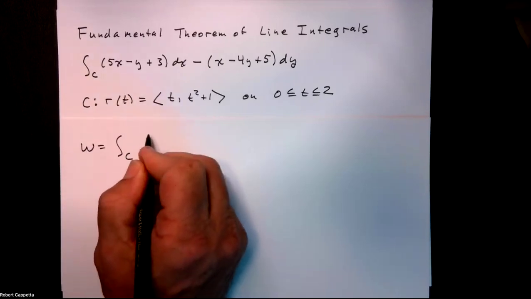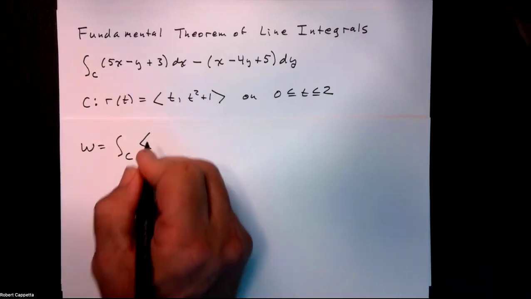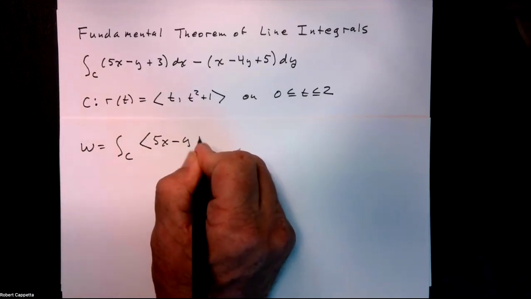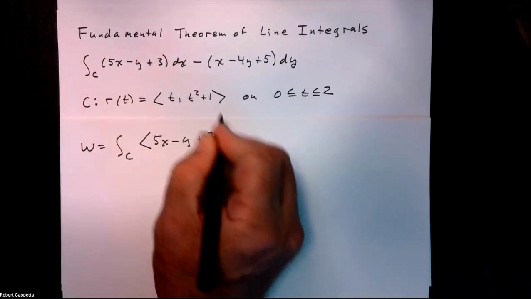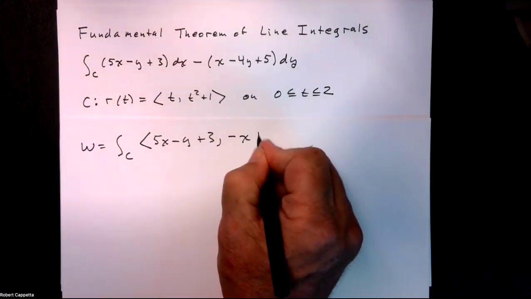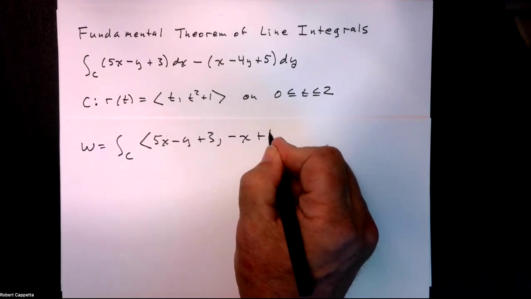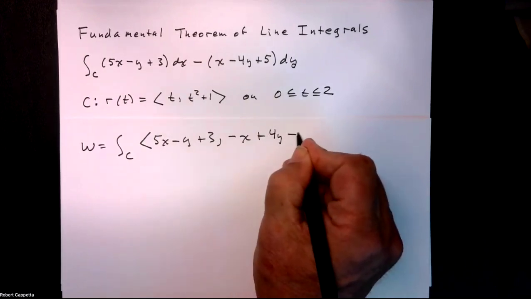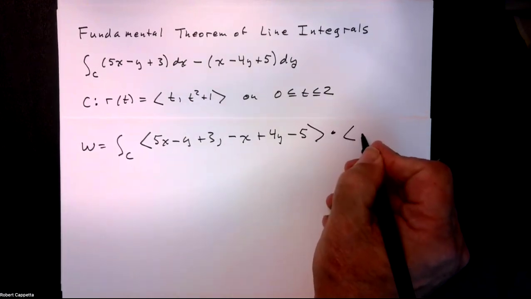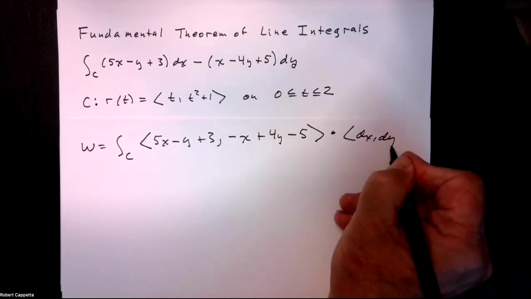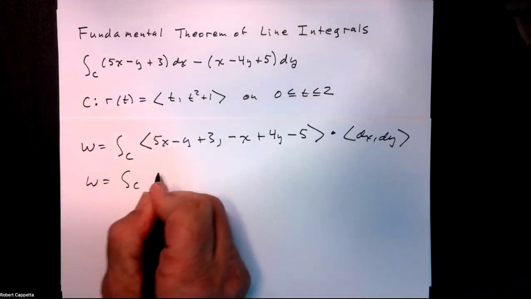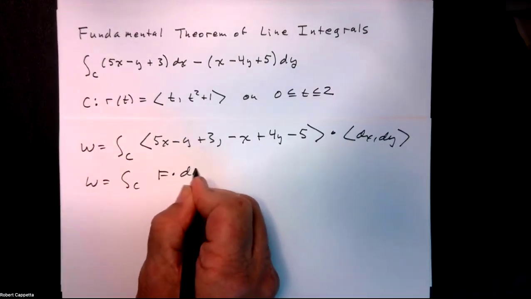Work will be the integral over C. What is my vector field? 5x minus y plus 3 in the first slot. Be careful with the negative sign here. So that's negative x plus 4y minus 5, dot dx, dy, fine.